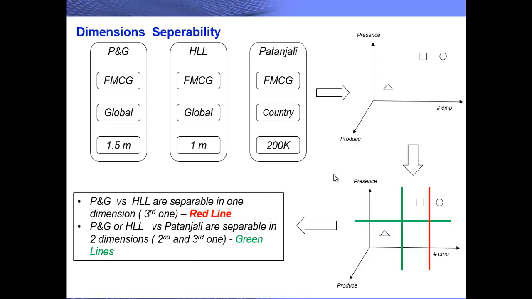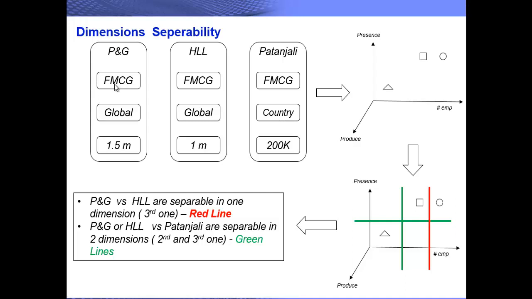Once we decided that, we can map that entity onto those dimensions, and each dimension mapping will give a value, and all the values obtained from the multiple dimensions will form a vector, and that will be the representation of that particular entity.